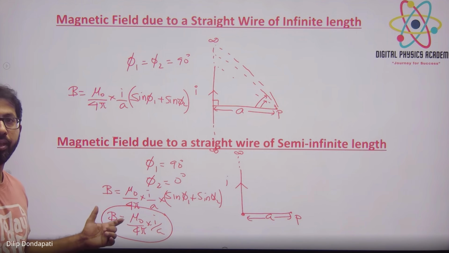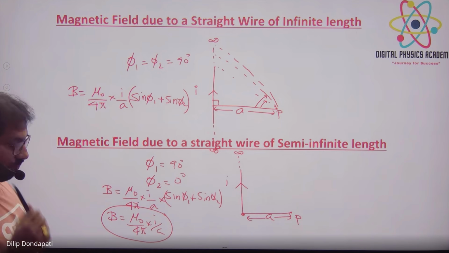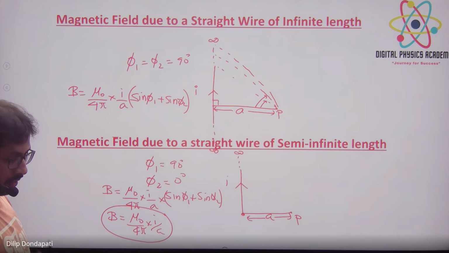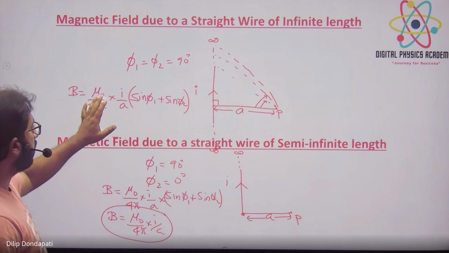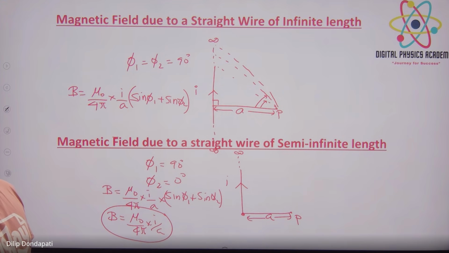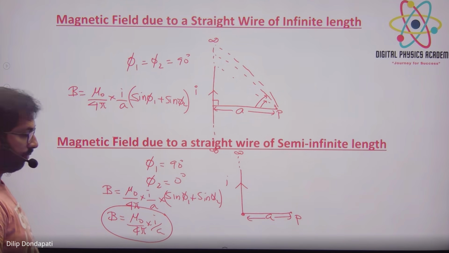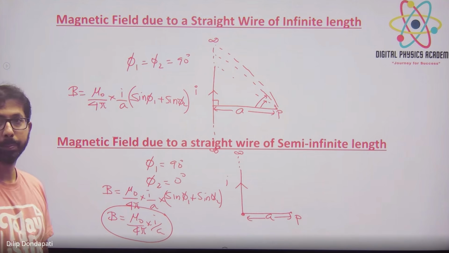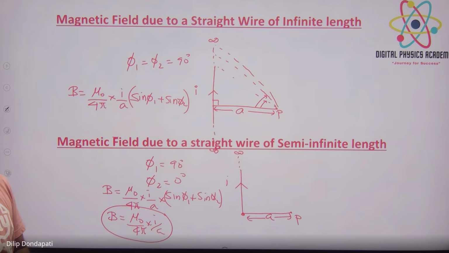This is for a semi-infinite wire. For finite, the phi 1 phi 2 formula comes. Infinite means 2I by A and semi-infinite means only I by A, mu naught by 4 pi into I by A.